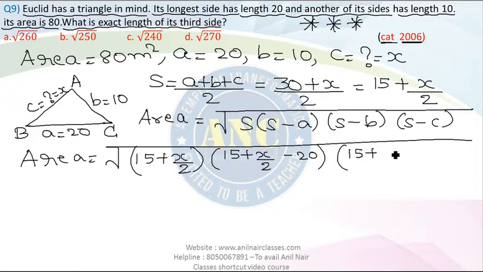Again S is 15 plus X by 2 minus B, B value is 10. Again 15 plus X by 2 minus C, C value is X. Area is given in the question as 80.